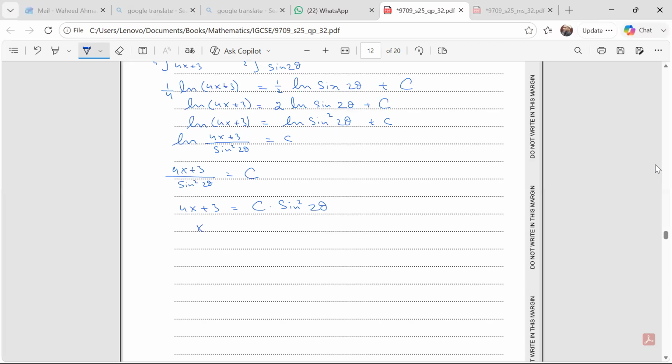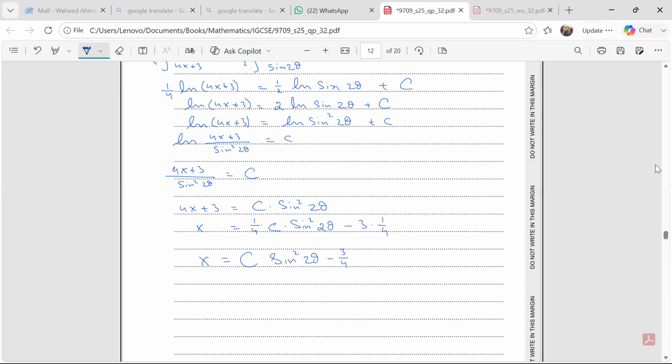I can write x equals (c times sine squared 2 theta minus 3) divided by 4, so x equals c over 4, which I will call a constant, times sine squared 2 theta, minus 3 by 4. So this is my solution.